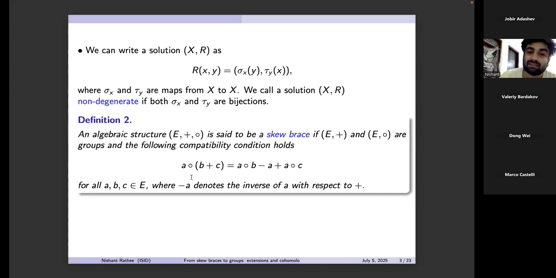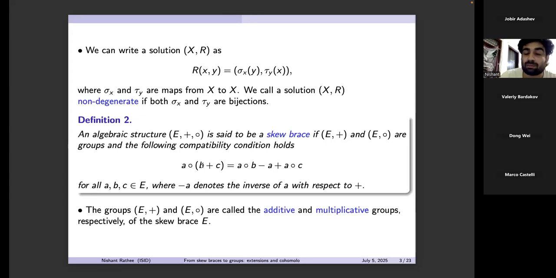If you have such a triplet, then we call it a skew brace. The group (E, plus) is called the additive group and (E, circle) is called the multiplicative group of the skew brace. Please note that this plus need not be an abelian group always. This could be non-abelian, but it is super convenient to write it as a plus operation and do calculations. So we write it as a plus, but this need not be an abelian group.